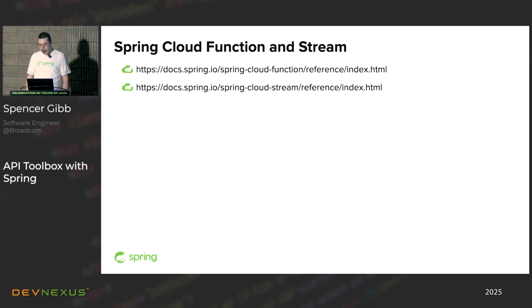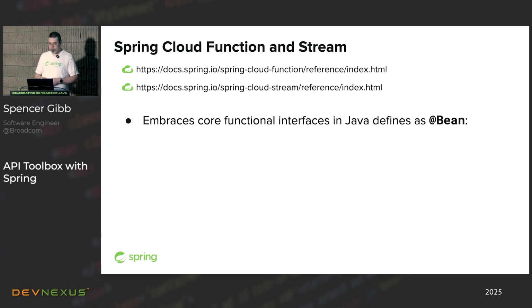So now another way to access messaging is through a couple of Spring Cloud projects called Stream and Function. So Spring Cloud Function embraces Java util functional interfaces as the programming model, right?